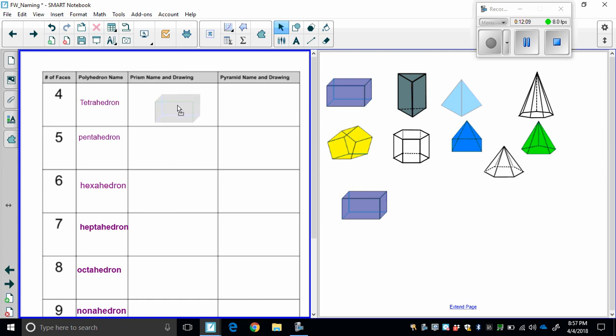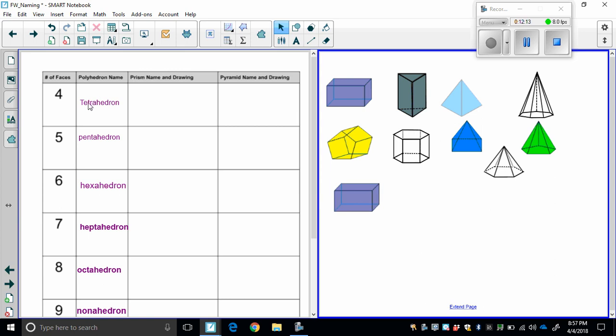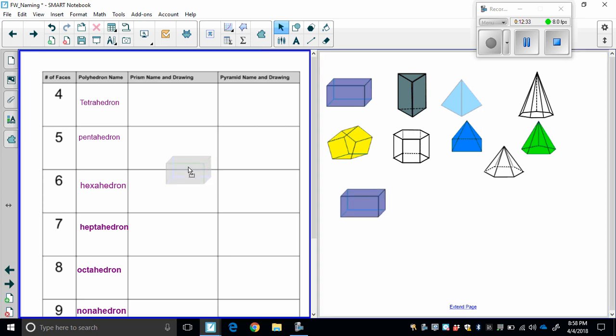And even though it's a rectangular prism, the name that you see over here is just the general name. So you have to count how many faces there are altogether. So there's the right and the left, and then the 4 rectangles that wrap it. So a box, in other words, has 6 faces.